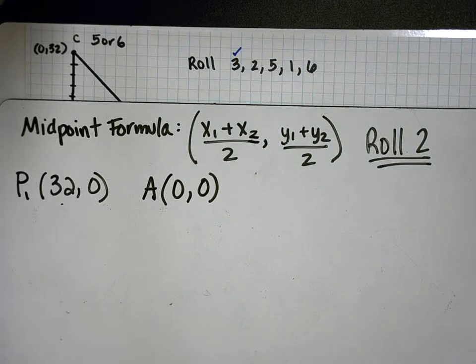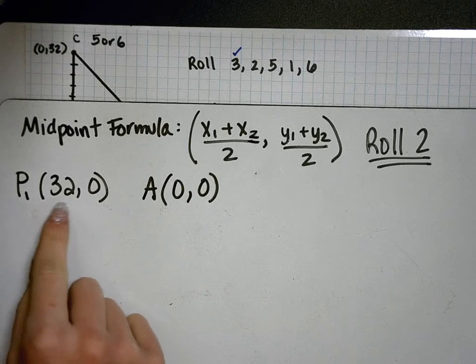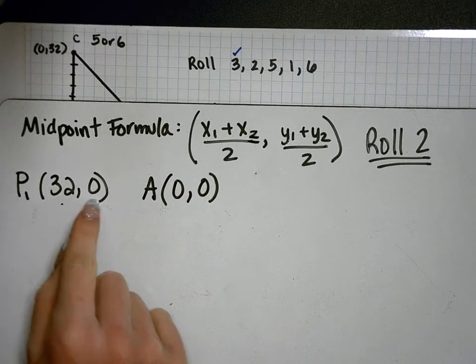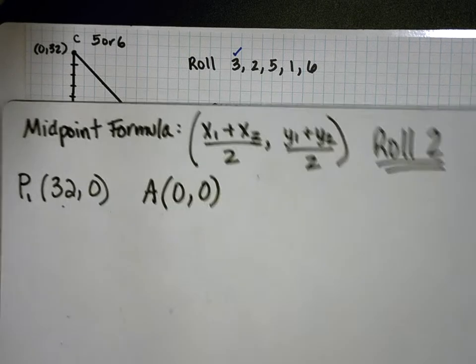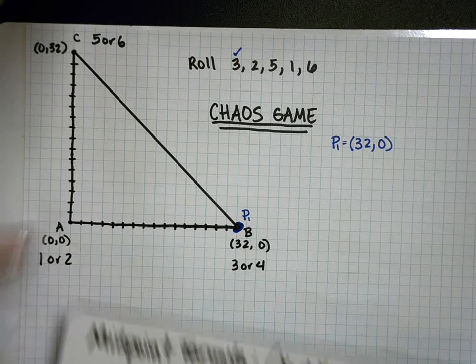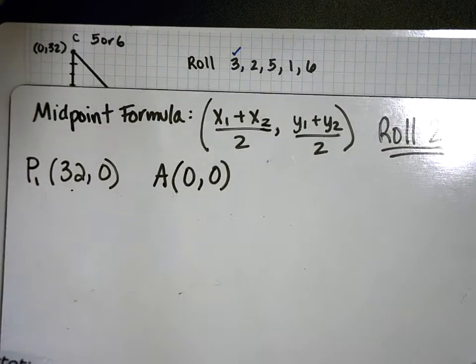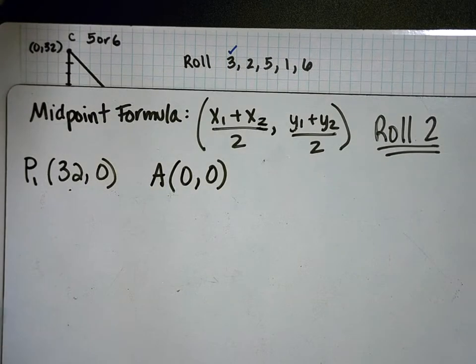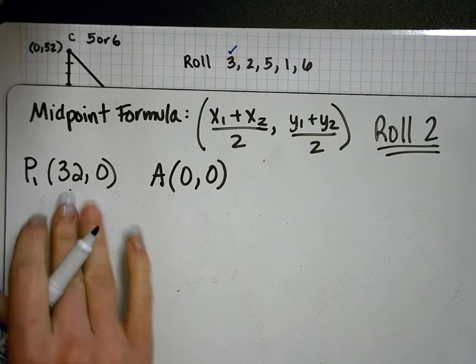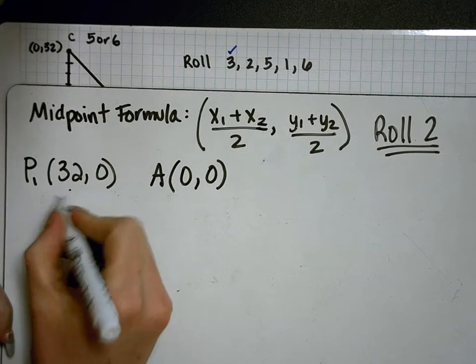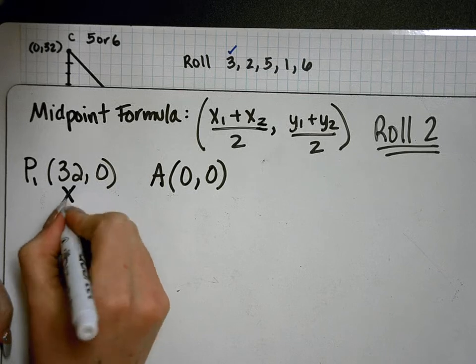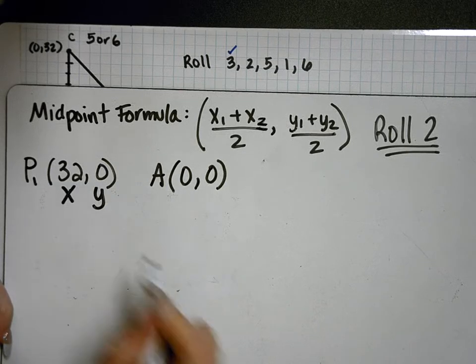So here are our 2 points. The point 1, which is our first point, was (32, 0). And the point with which it corresponds is A, which is (0, 0). So these are the 2 points where we have to find the midpoint. I'm going to label each of these points. This is my first point, this is my second point. This is the X part, and this is the Y part.